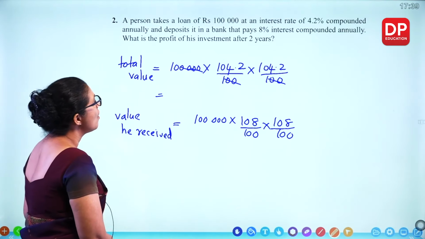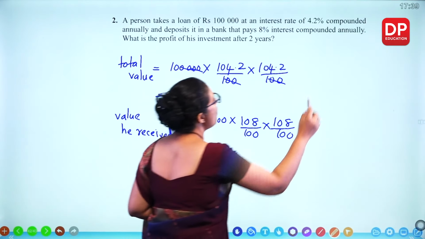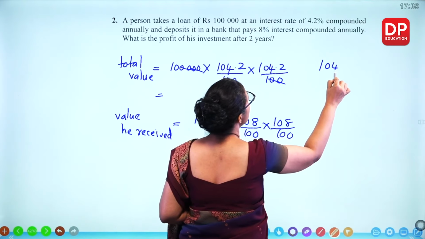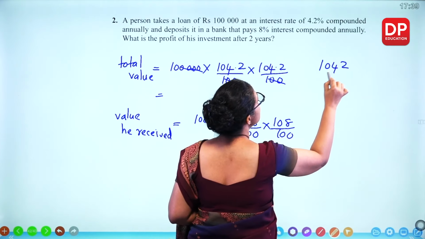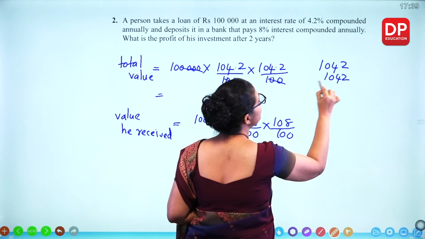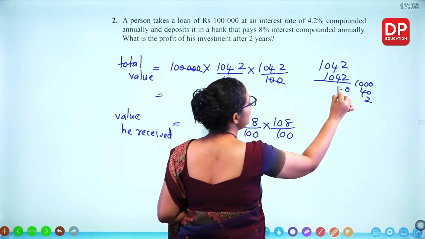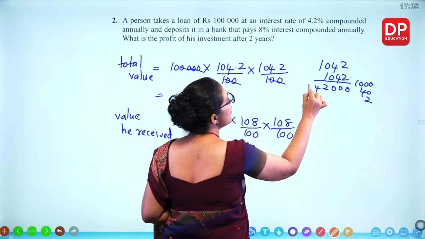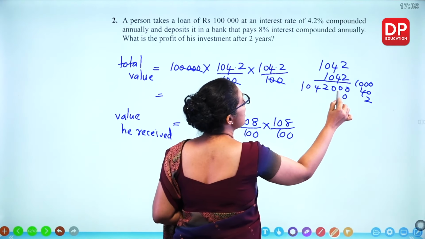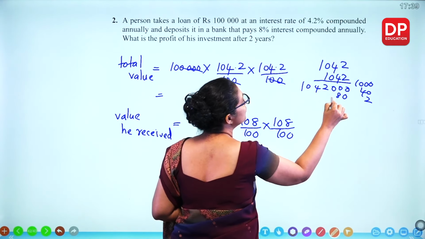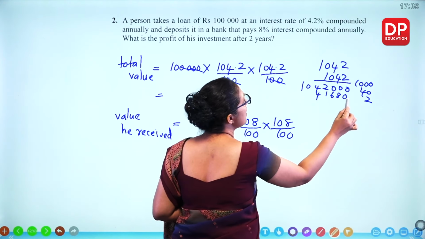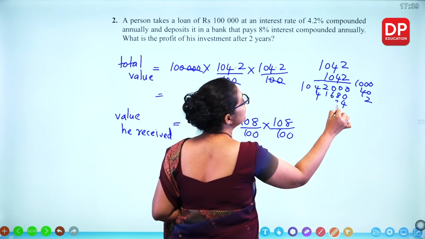So 1,042 multiplied by 1,042, 1,042 multiplied by 1, multiplied by 4 and multiplied by 2.